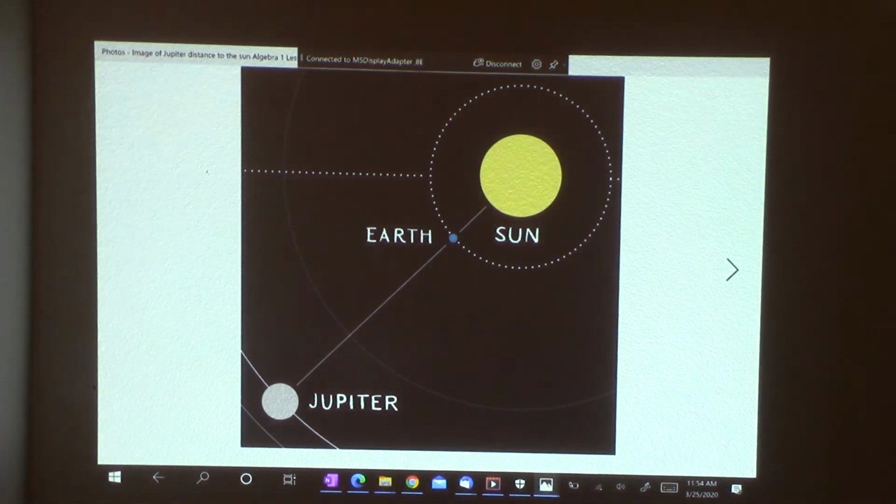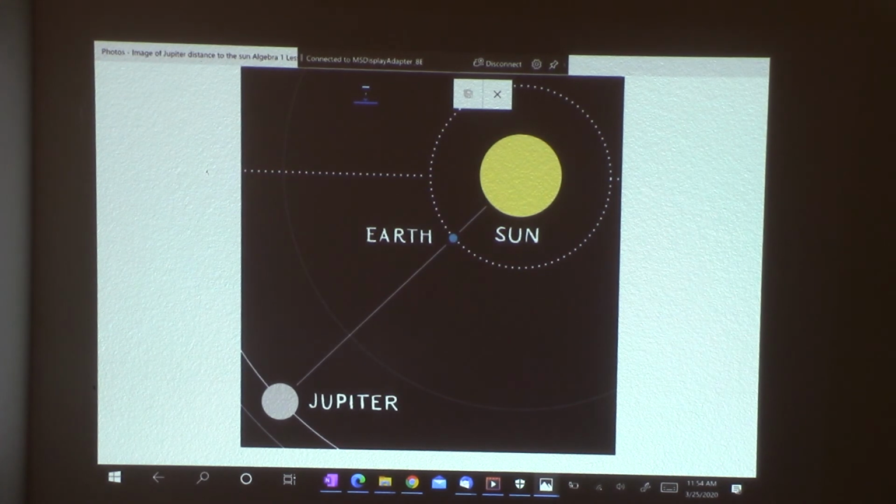Here's our second picture, and this is a picture of Jupiter and its distance to the sun. So I'm going to read the problem, and then we will write down that important information.